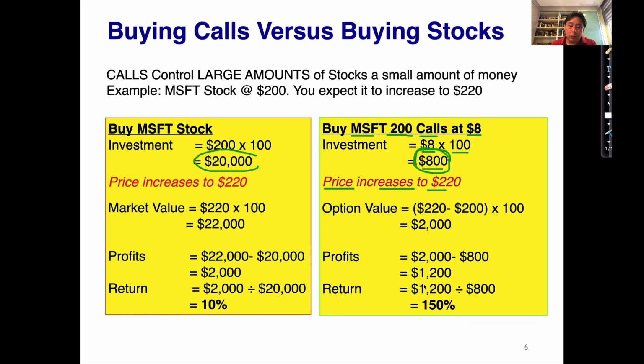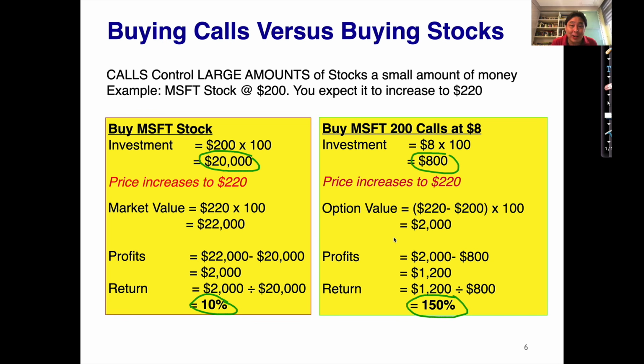So you make $1,200 divided by $800. Your ROI, or return on investment, is 150%. So once again, the main advantage of using options is that you boost your return on capital from 10% to 150%. Now that sounds great, but what's the catch?